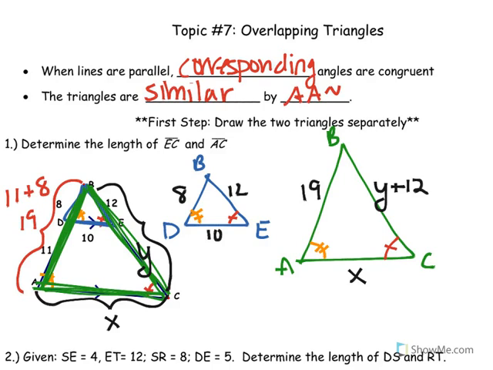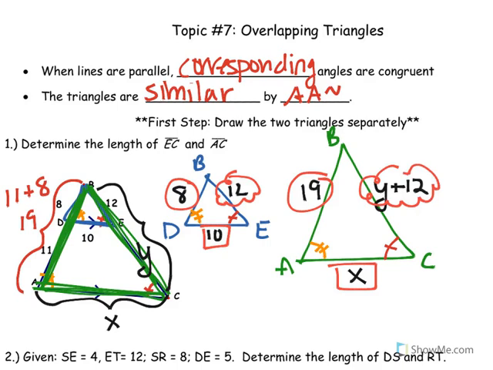At this point, you should be able to solve this problem. Once I know the triangles are similar, I can match up my sides, create proportions, and solve for the missing sides. So I know that 8 is going to go with 19, that 10, the side between my angles here, will go with X, and that 12 will go with Y plus 12.